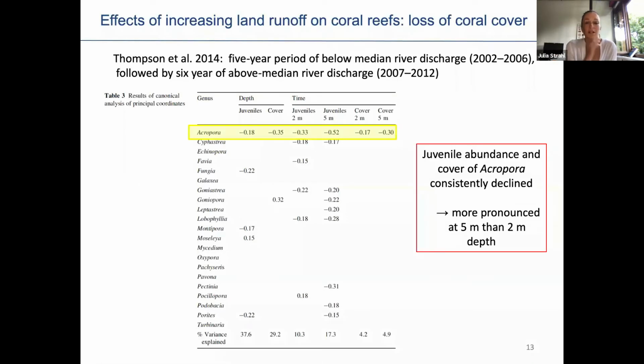And he found actually that especially Acropora was very sensitive and showed a steady decline over the whole time of investigation. And the decline in both juvenile abundance and coral cover was more pronounced at 5-meter depths compared to 2-meter depths.